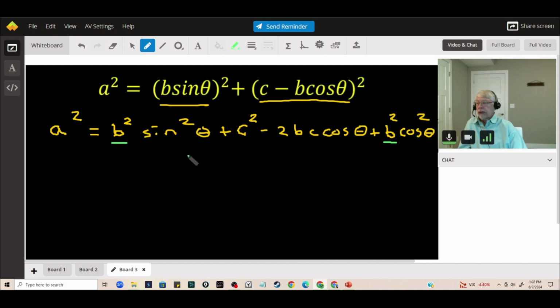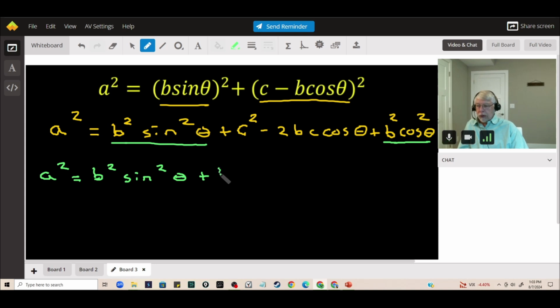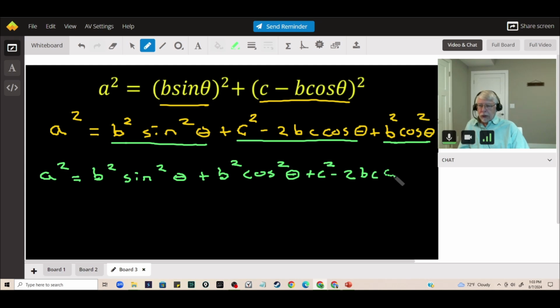So I'm going to rewrite this whole equation. I'm going to say A squared is equal to B squared sine squared theta, plus, so we've taken care of this, and now I'm going to add this one next, plus B squared cosine squared theta, and then I'm going to put this in, plus C squared minus 2BC cosine theta.